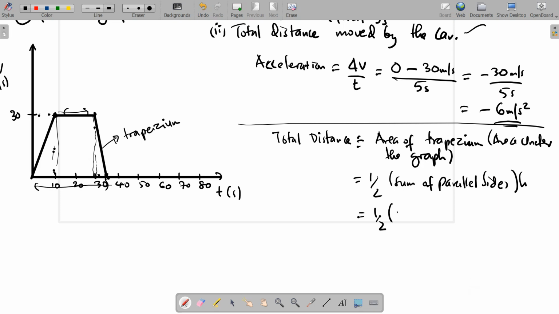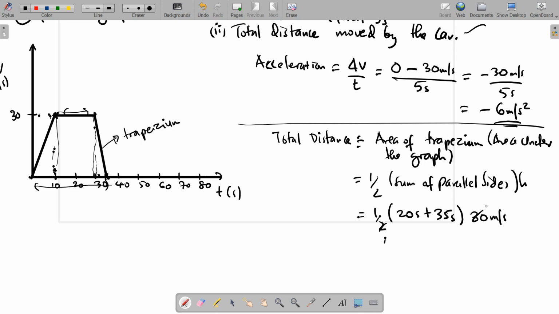That is 20 seconds plus, so that is the sum. The other parallel side is from 0 to 35, so it's 35 seconds. Multiplied by the height. The height is this one, which is 30. So we'll put times 30 meters per second.